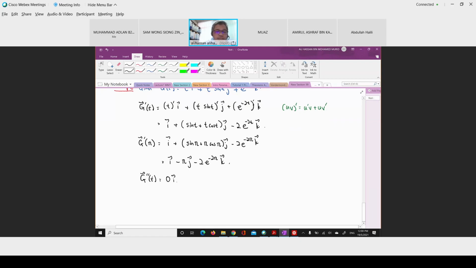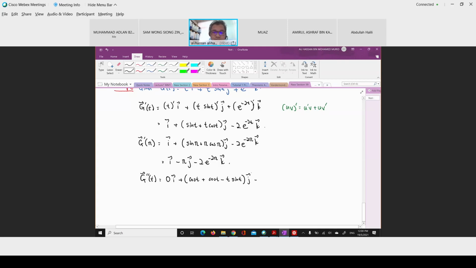Then we want to differentiate sine t plus t cosine t. Differentiate sine t, we get cosine t. To differentiate t cosine t, we use the product rule again. So we get cosine t minus t sine t. And then differentiate the component of k, we get what?